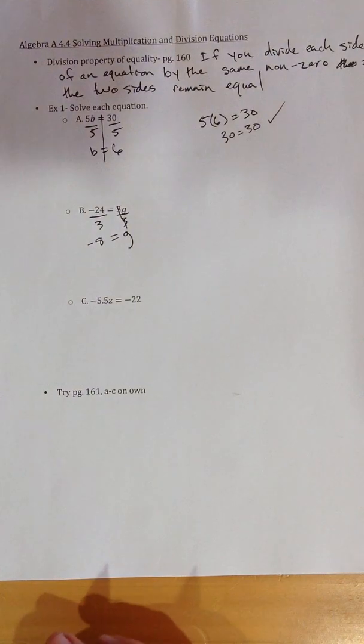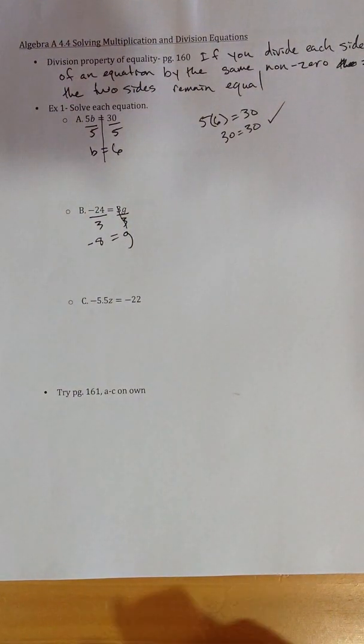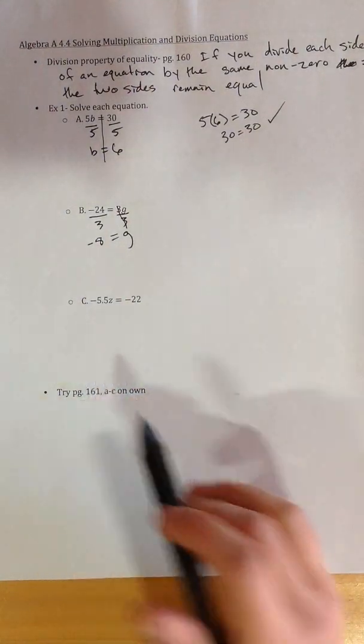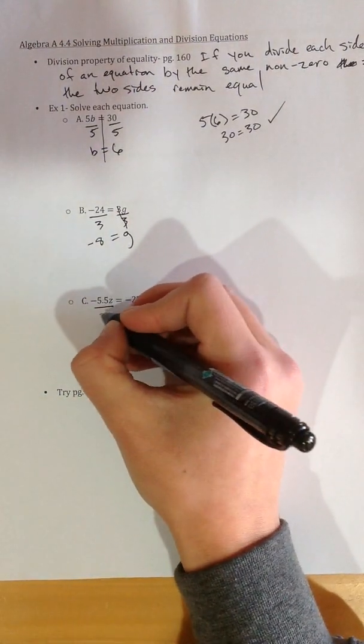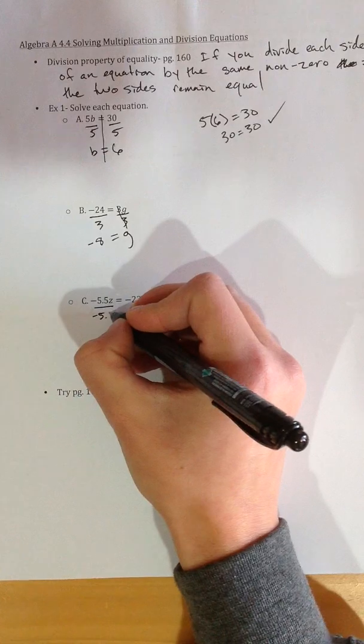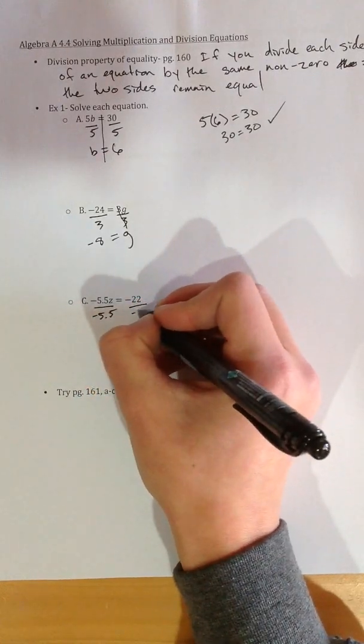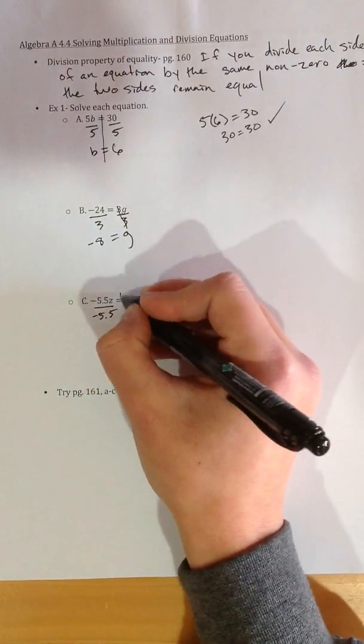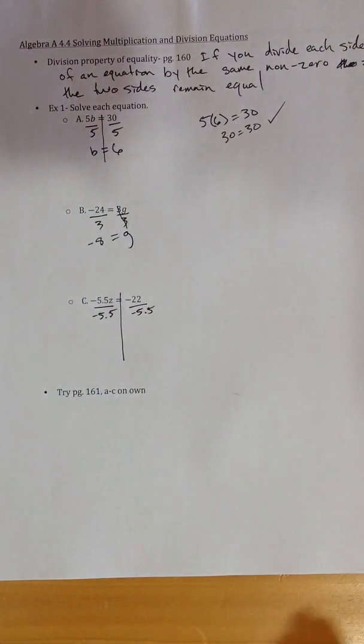Alright, same thing with c. Even though they've got a decimal in there, it's still the same process. To get rid of multiplying by a negative 5.5, we're going to divide both sides by a negative 5.5. If you want to, you can draw that line in between the equals, to keep those two halves separate from each other.